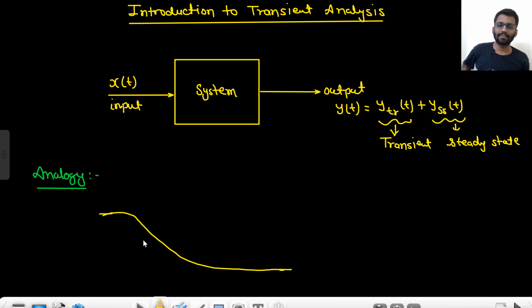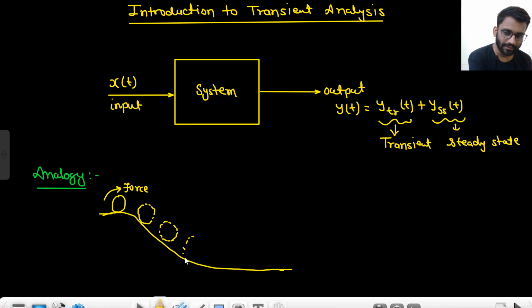So let's just understand it with an analogy. Let's just assume this is a slope, and there is a ball here, and you give it a force. If you give it a force, what will happen? This ball will travel down like this, right? It will keep on traveling down like this, right?